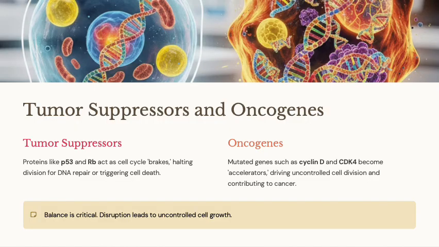Examples include cyclin D and CDK4, which push the cell through the G1 phase and into DNA synthesis. Cancer often develops when tumor suppressor genes are inactivated and oncogenes are overactive. This loss of balance removes critical checkpoints and allows cells to divide uncontrollably.